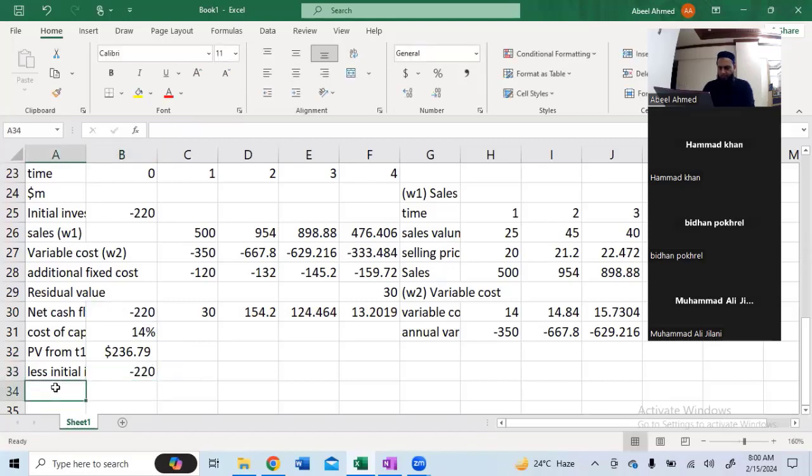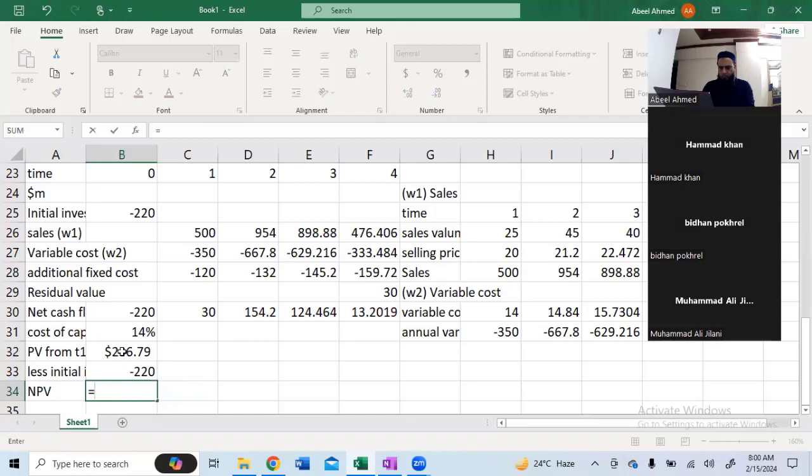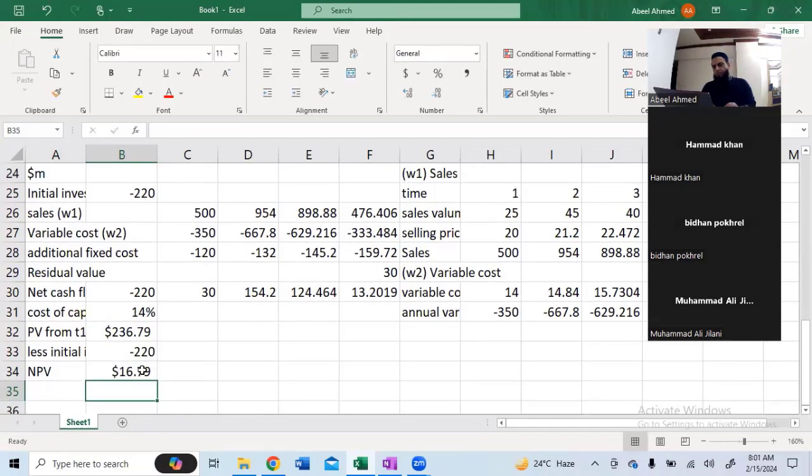Here comes NPV. So what about any other student? I think everyone is having the same NPV. NPV is 16.79. It's a million. Everything is a million.